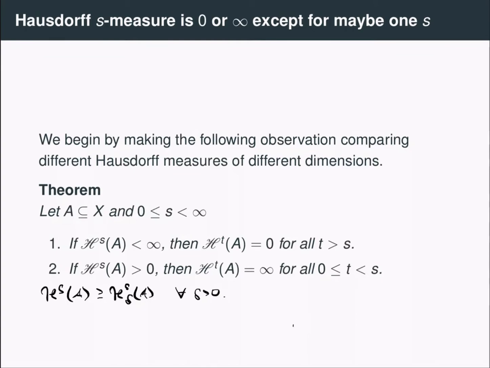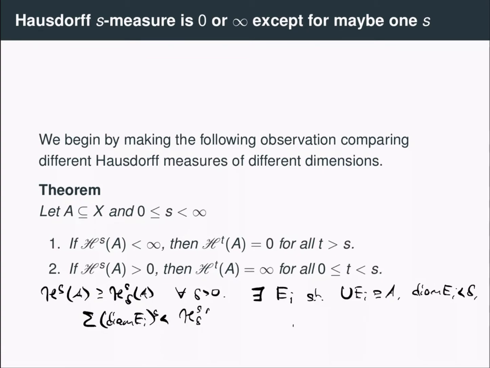For a fixed delta, by definition of H^s_delta, there exists a collection of sets E_i which cover my set A, have diameters less than delta, and such that the sum of the diameters of these sets E_i to the power s is less than H^s_delta of A plus 1. The number 1 isn't important, I just want it to be a constant.